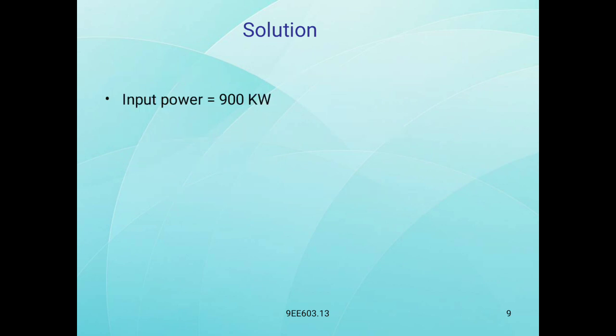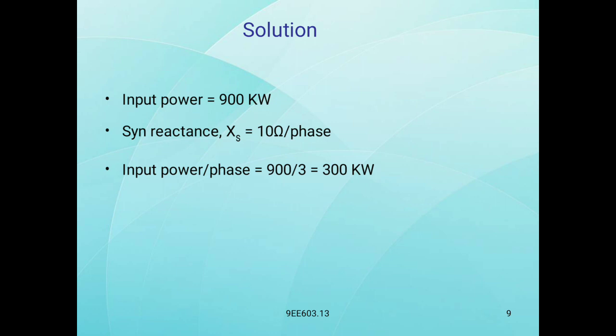Now input power is equal to 900 kilowatts. Synchronous reactance Xs is 10 ohms per phase. Input power per phase is 900 by 3, that is 300 kilowatts.